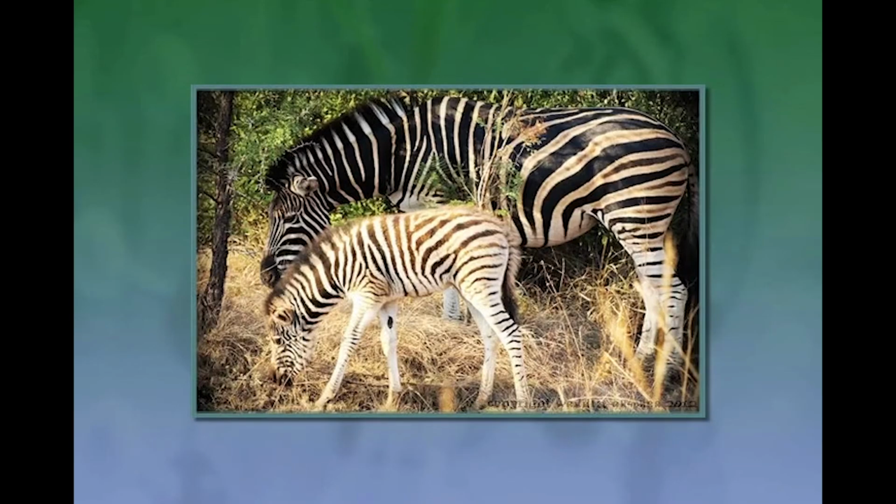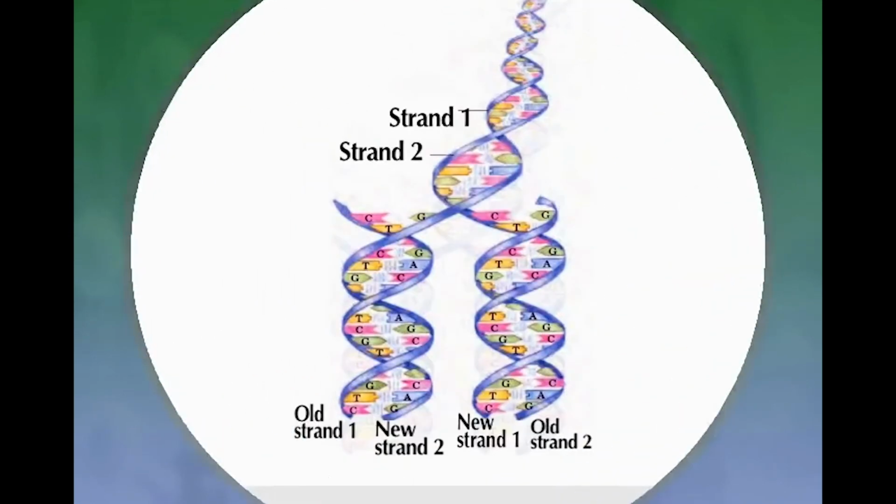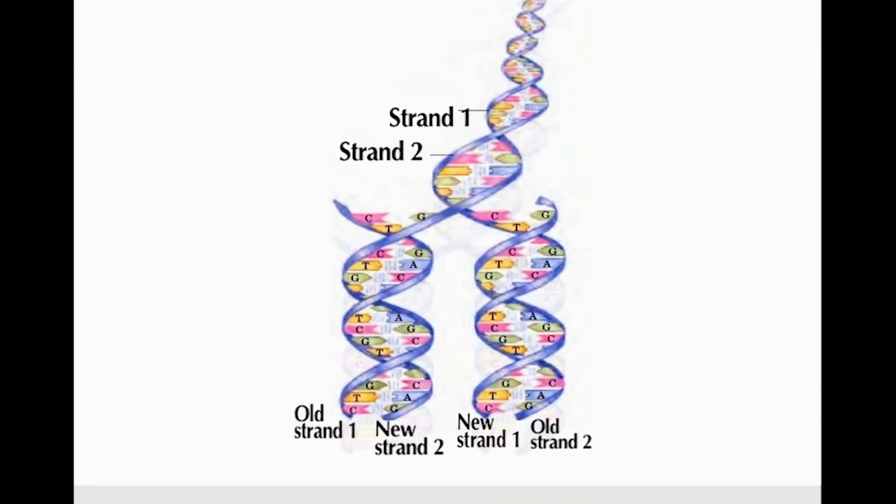You look at the mother zebra and the daughter zebra and you see how biological reproduction occurs with near perfect fidelity. And you look at the picture of DNA here, you find DNA is a double-stranded helix with the pink, yellow, gray and orange colors depicting the 4 different nucleotide bases: adenine, guanine, thymine and cytosine.